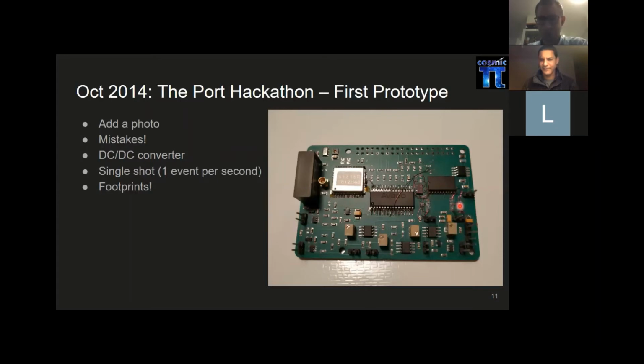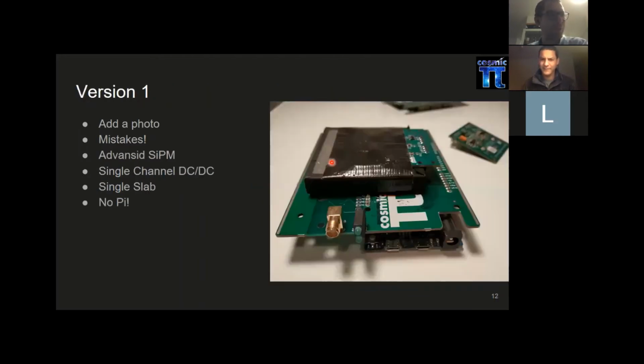This is because we got the footprints wrong when designing our PCB. So we learned an awful lot from this design. We didn't even get the pressure sensor and the humidity sensor working over I2C with the Raspberry Pi, but we weren't discouraged, and we carried on building a new prototype.